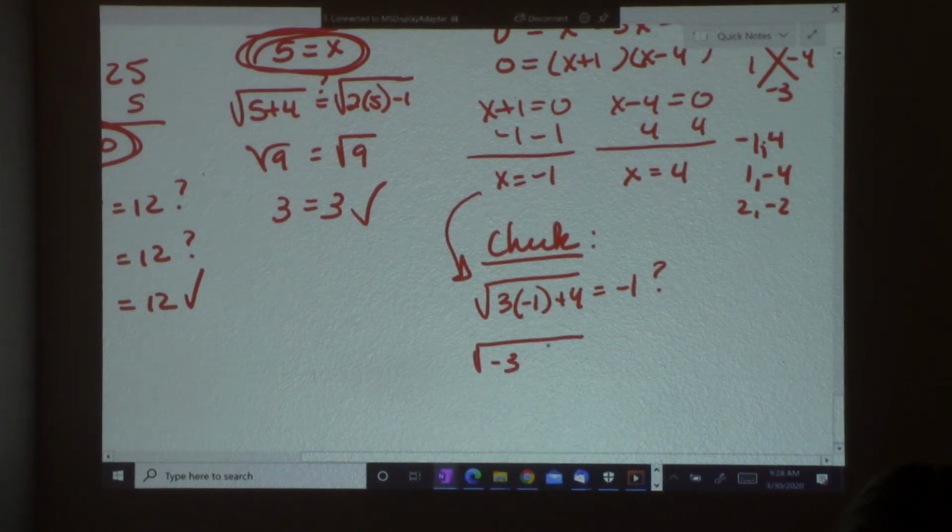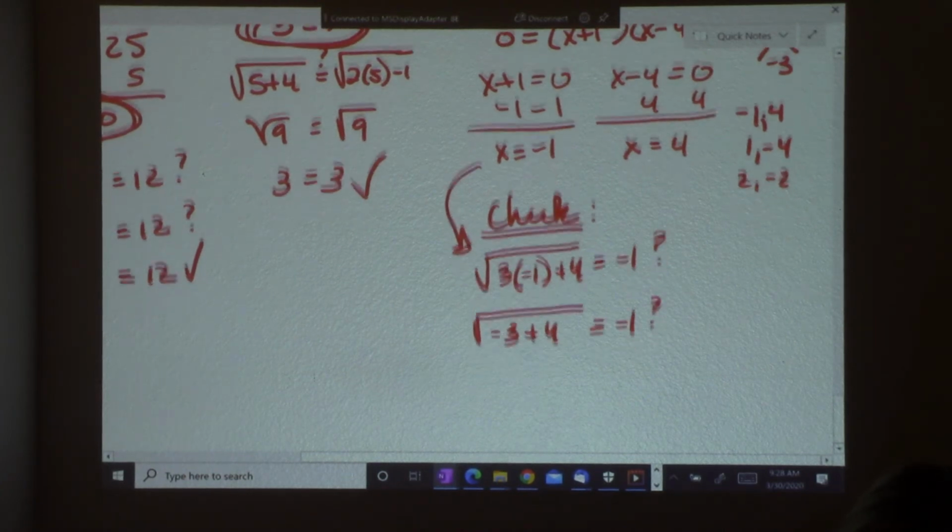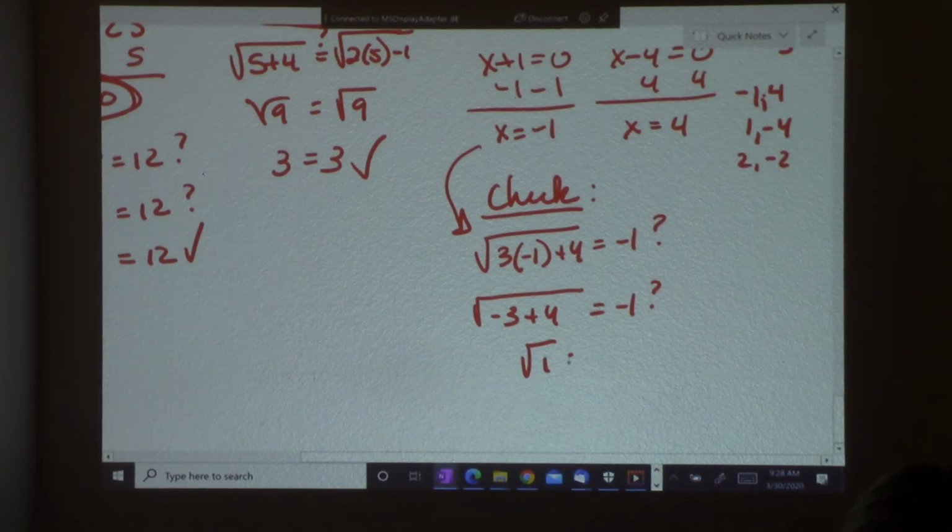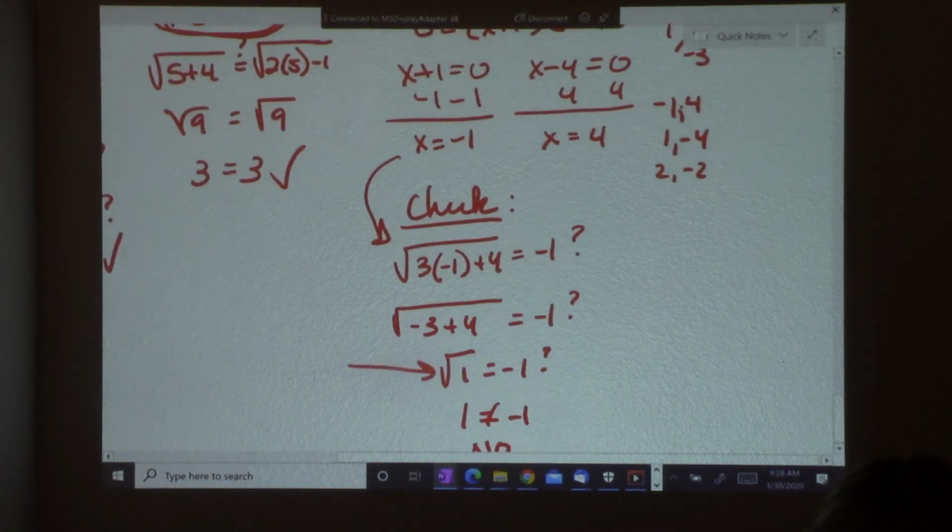The negative 3 plus 4, does that equal negative 1? Does the square root of 1 equal negative 1? No, because I only have the positive square root on the outside. So 1 does not equal negative 1. No. So x does not equal negative 1.